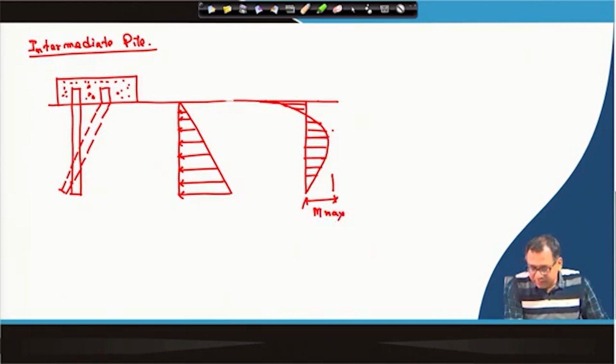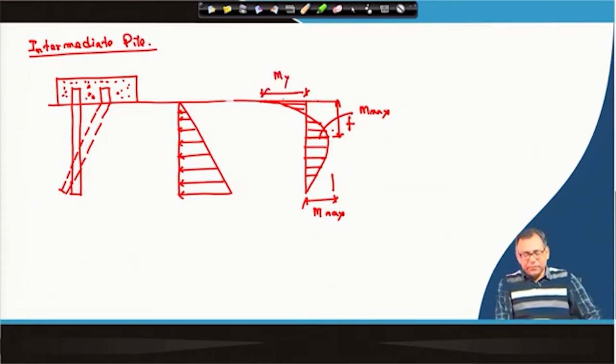This value is M max basically, and this distance is f from the surface, and this value is My.